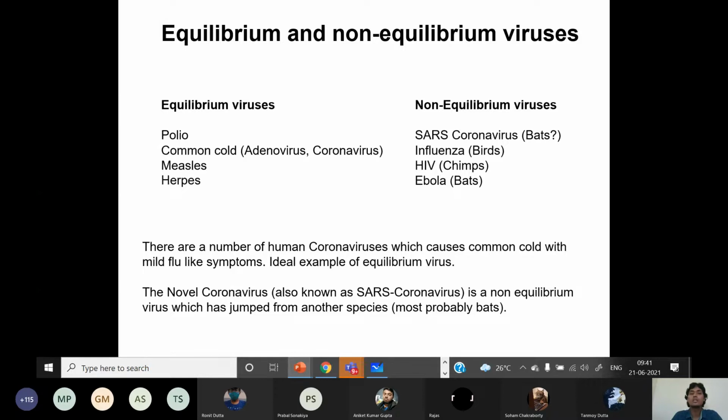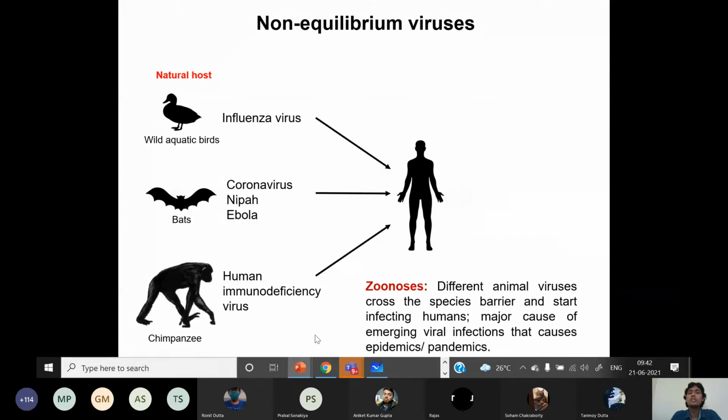Okay, so there are a number of human coronaviruses which cause common cold with mild flu-like symptoms. An ideal example of an equilibrium virus. But this SARS-CoV-2 is not an equilibrium virus. That is causing the problem, right? This novel coronavirus. Now, non-equilibrium viruses, as you can see, have a natural host: wild aquatic animals, mostly birds in the case of influenza, and for HIV, all of you are aware, the natural host is chimpanzee.